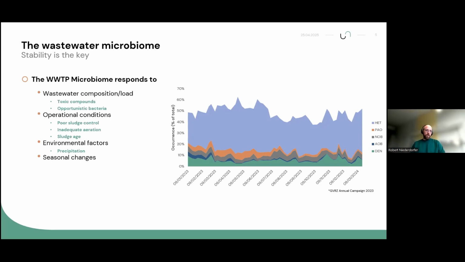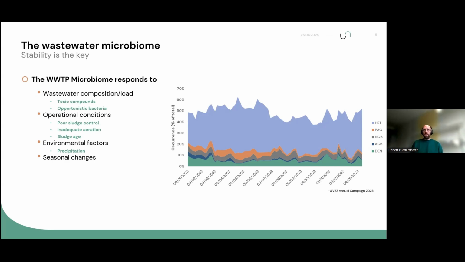That means toxic compounds or other bacteria that come within it, the operational conditions, poor sludge control, inadequate aeration, the sludge age, environmental factors such as precipitation, and the seasonal changes. All of these factors can harm the wastewater microbiome, which means you basically get a problem.